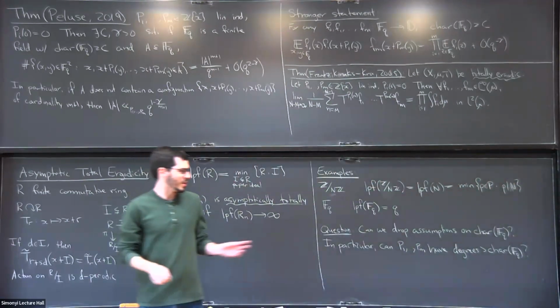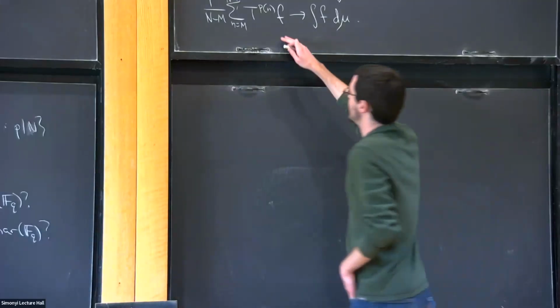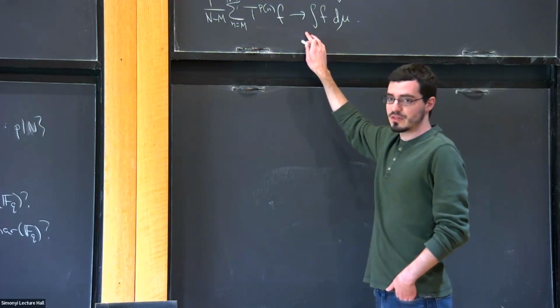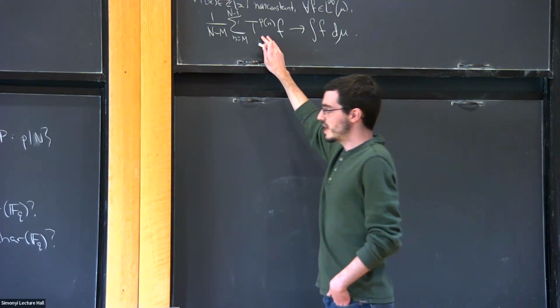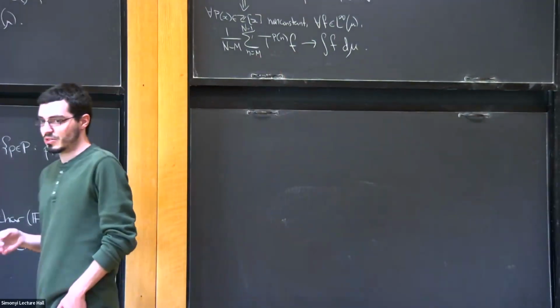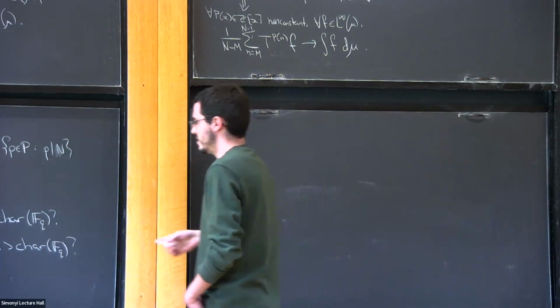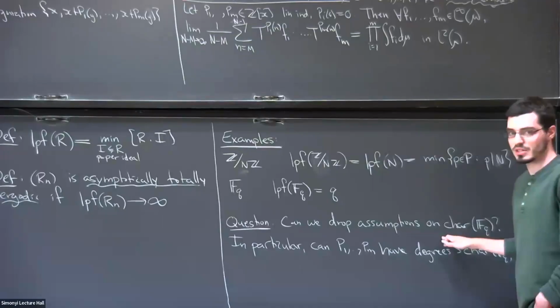I'll get there, but I want to start with just a single polynomial and looking at this characterization of total ergodicity. So can we understand some polynomial averages with asymptotic total ergodicity? And really, my interest is going to be finite fields, but now with low characteristic.